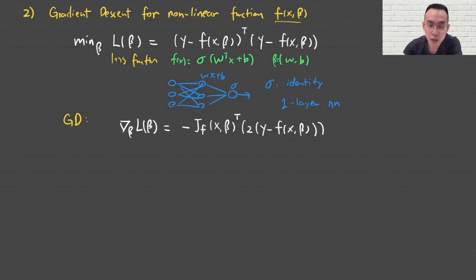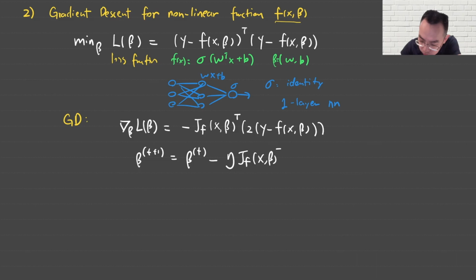Okay, now for the update rule, we have beta at step t plus 1 equals beta t minus eta times the gradient. So for the gradient, we can move this negative sign inside, right? So we have Jf(x, beta) transpose, and then we have f(x, beta) minus y.